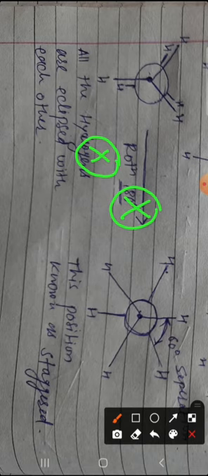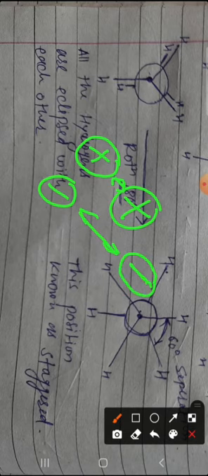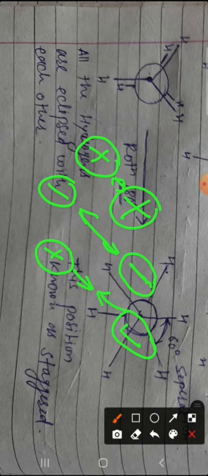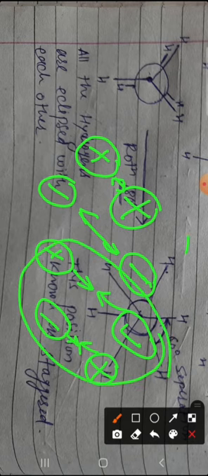So plus and plus are like charges, and they will repel each other and move away from each other because of the repulsion. And unlike charges, plus and minus, attract each other. Unlike charges attract and like charges repel.